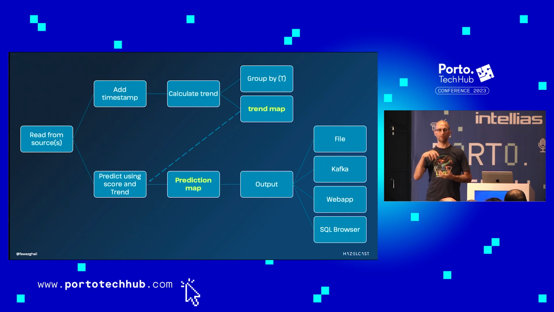You store this trend into a map, which means you store it in memory, and you can use this trend in order to predict future events. The future events will be stored in a different map. This is the prediction map, which is basically where the real-time stream processing happens. And as soon as you have the prediction map, you can actually store it back into the first map.